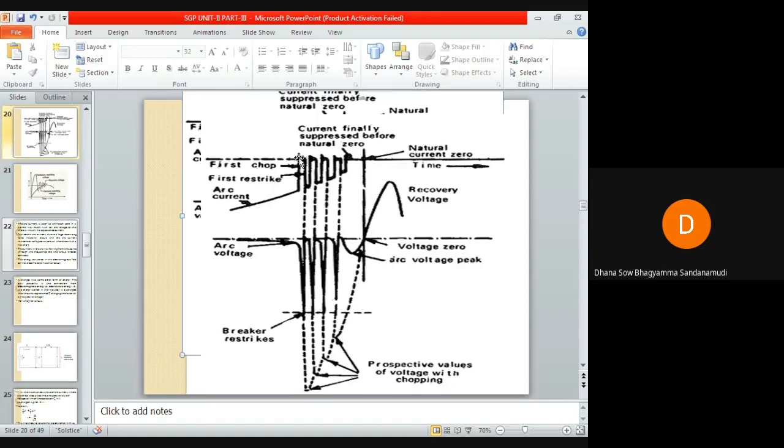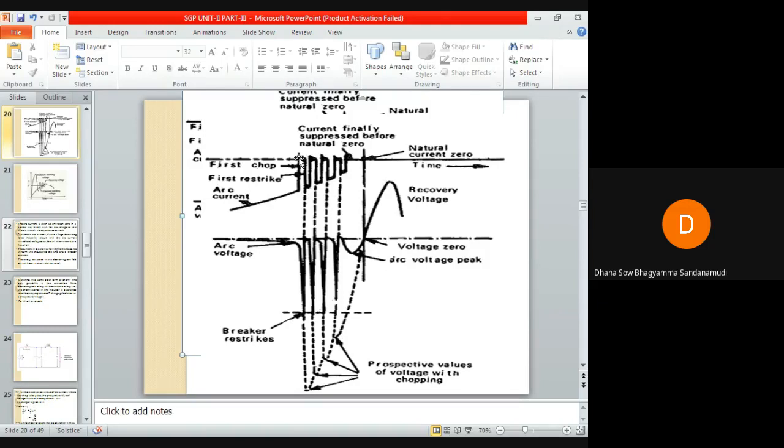So immediately when the arc current becomes zero, this arc current was flowing from the source through the inductance and the circuit breaker contacts. The energy stored in the inductor is in the form of an electromagnetic field. It cannot immediately become zero.